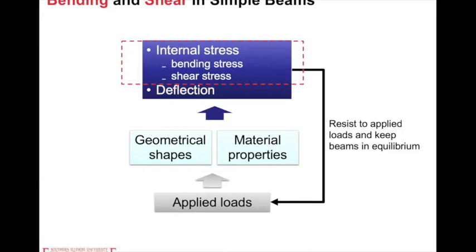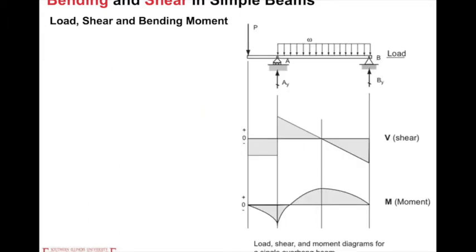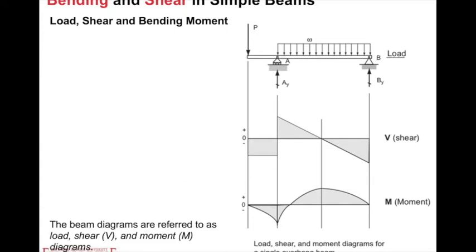After talking about this, we can continue and talk about how to calculate the deflection at any given point. So there is another term we need to talk about: the load diagram, shear diagram, and bending moment diagram.